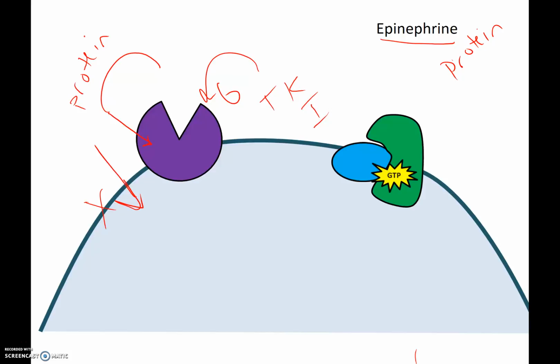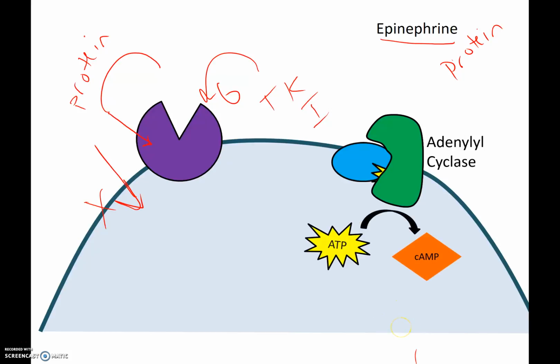Now, when we look at the G protein, for example, it's going to use what's called a second messenger. Cyclic AMP is one type of second messenger. There are other second messengers in our cells, and the main purpose of this is to pass the message on or relay the message.